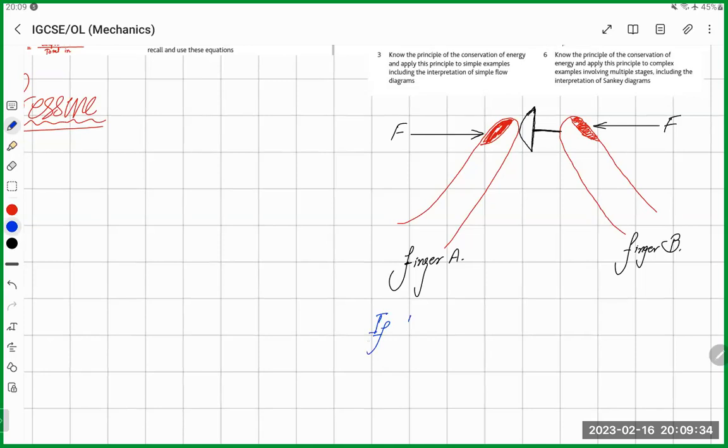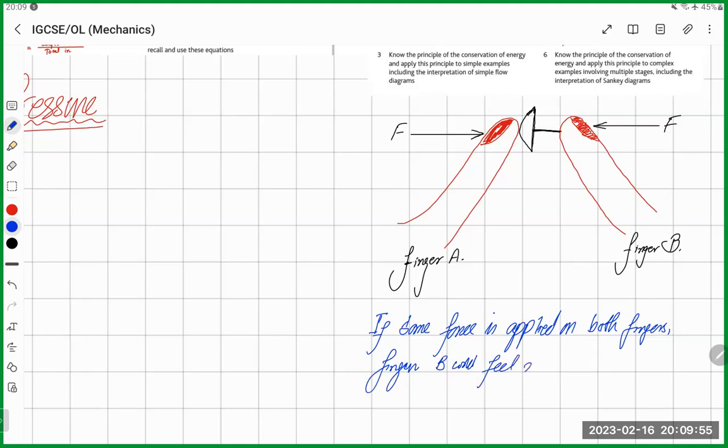If the same force is applied on both fingers, finger B will feel more pain than finger A.